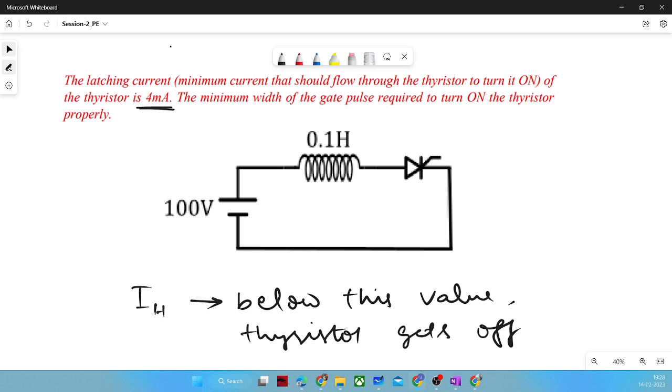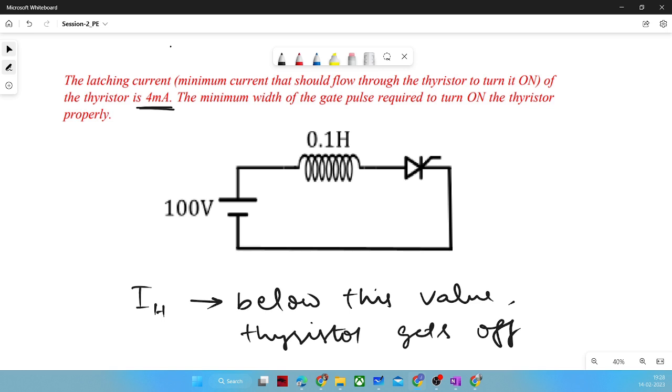And also, if you can do load commutation of the thyristor, then you get rid of any external commutation circuits. In further lectures, I hope you will see the commutation circuits for these thyristors, so that you do not have to apply them.